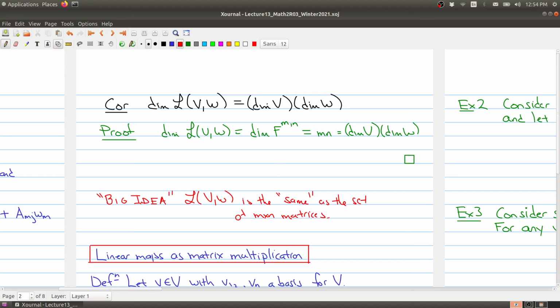As we go on in the course, we're going to be spending a lot of time focusing on this vector space. But because of this theorem, what you may want to realize is that what we're actually doing is studying the set of m by n matrices. But instead of thinking of our objects as matrices, we're thinking of our objects as linear maps. So that's the big idea you want to take away from this first part.